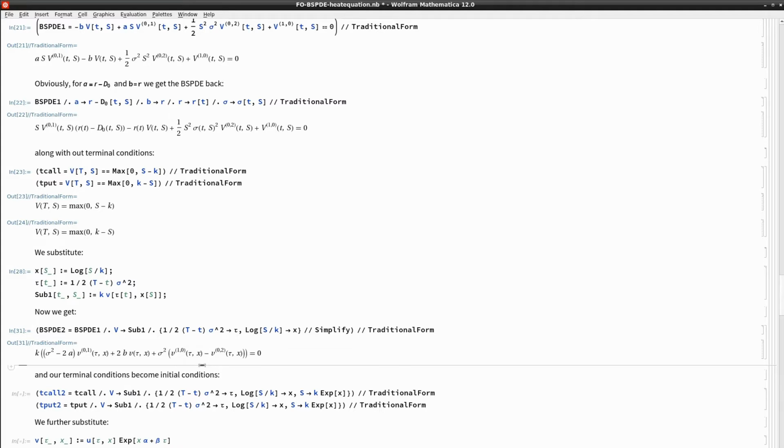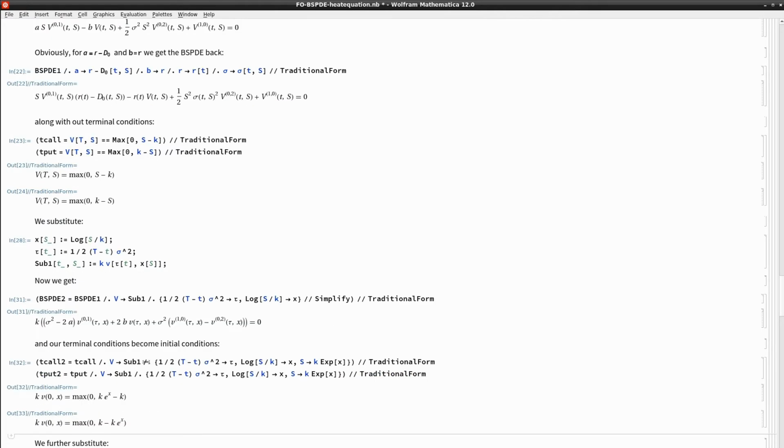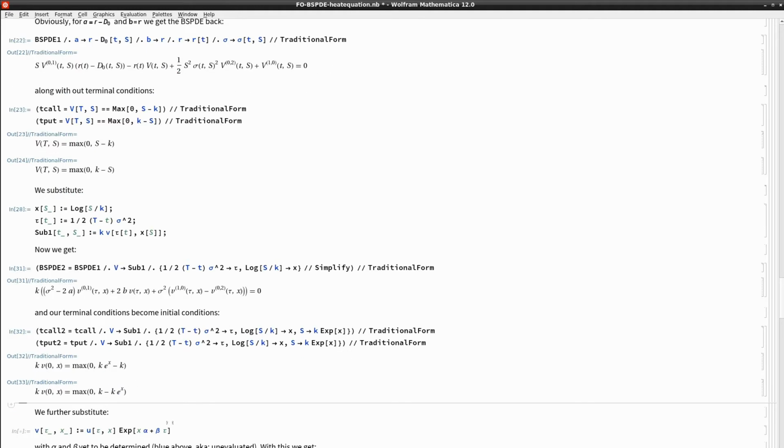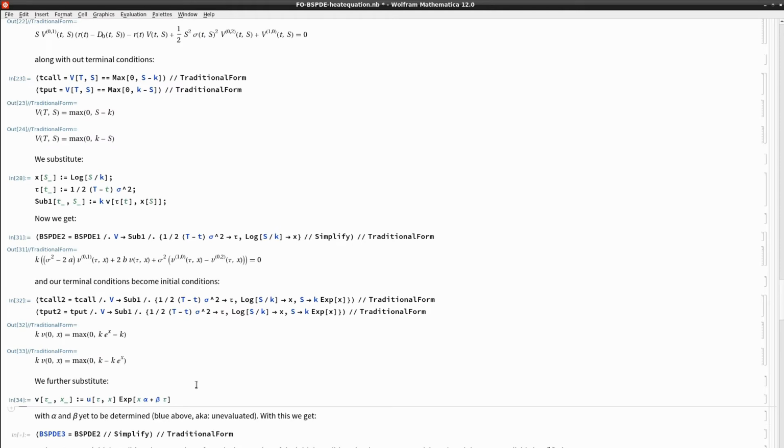We're not quite done yet, but we can see that we are beginning to get something that resembles the shape of the heat equation. And we also have to apply our substitution to our terminal conditions. They now become initial conditions. And we perform some further substitutions here.